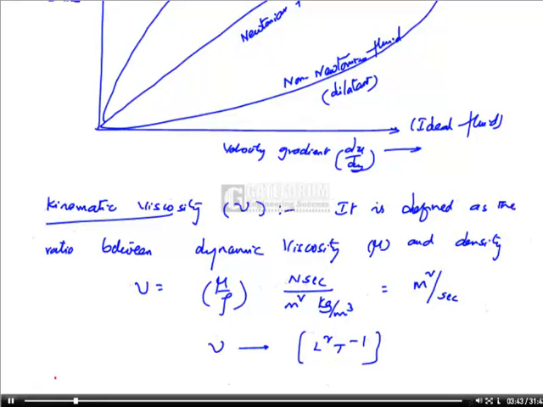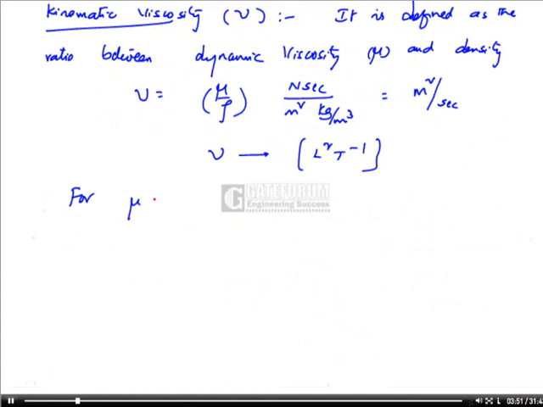In fact, there are some other subsidiary units meant for dynamic viscosity and kinematic viscosity. For mu or dynamic viscosity, poise is used. 1 poise is equal to 1/10 of Pascal second.